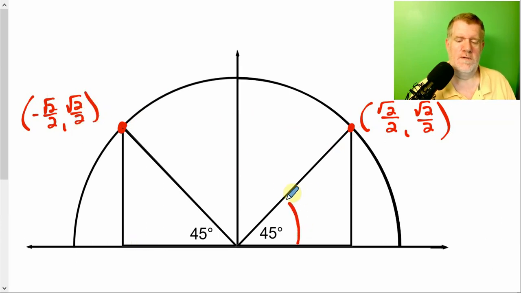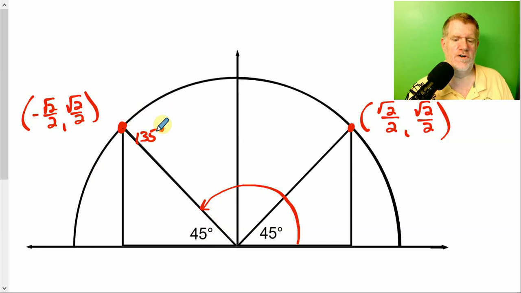All right, and then how many degrees is that? Well, what's 180 minus 45? So if I asked you, what's the sine of 135? You would say square root of 2 over 2, because sine is the y value. If I said, what's the cosine of 135? You would say negative square root of 2 over 2. That's the pattern.